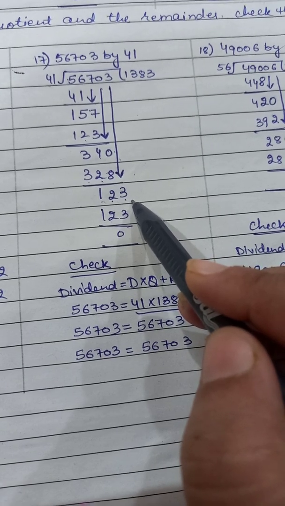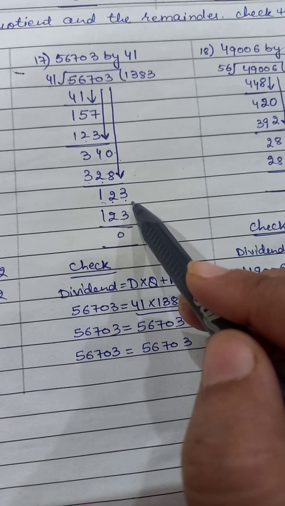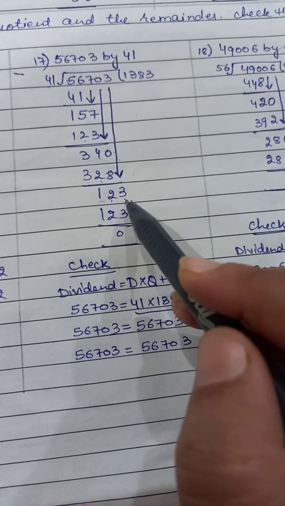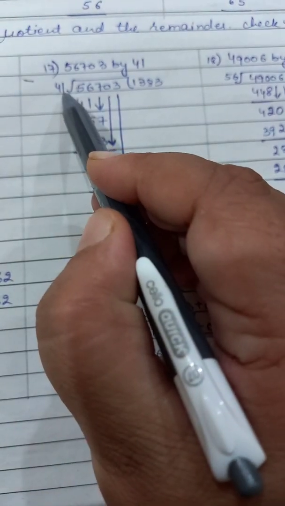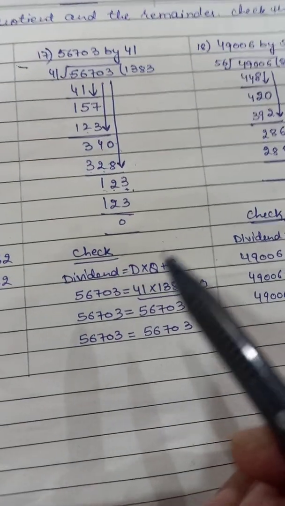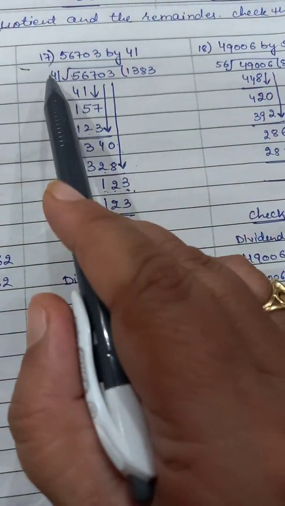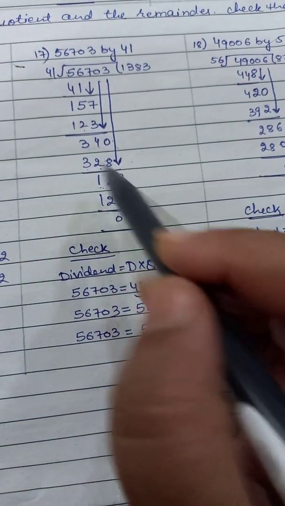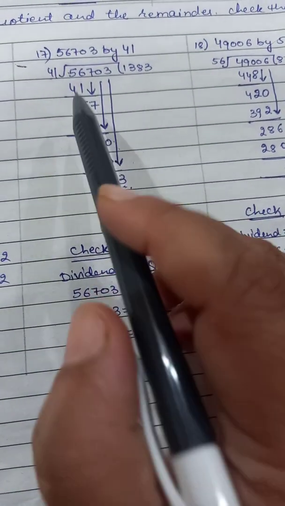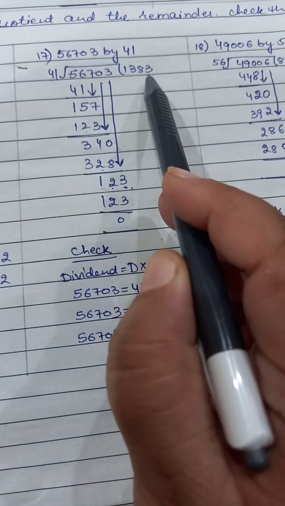Now again hide the last digit from the extreme right of both numbers, that is digit 3 from this number and digit 1 from the divisor. Then you would have actually divided 12 by 4 and the answer would have been 3. 4 threes are 12. So we multiply 41 by 3 only.